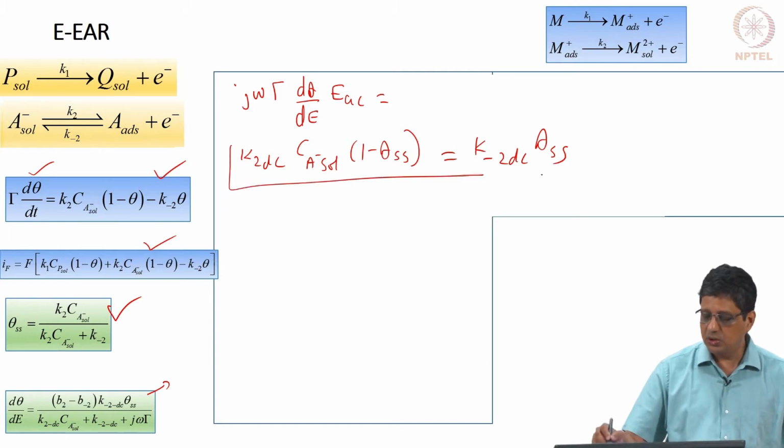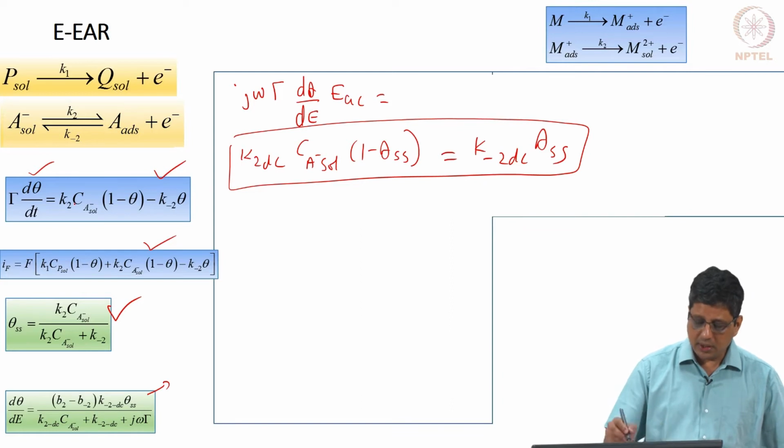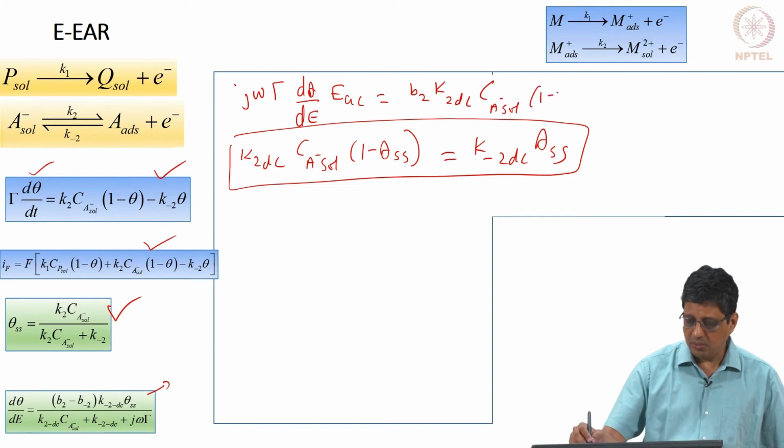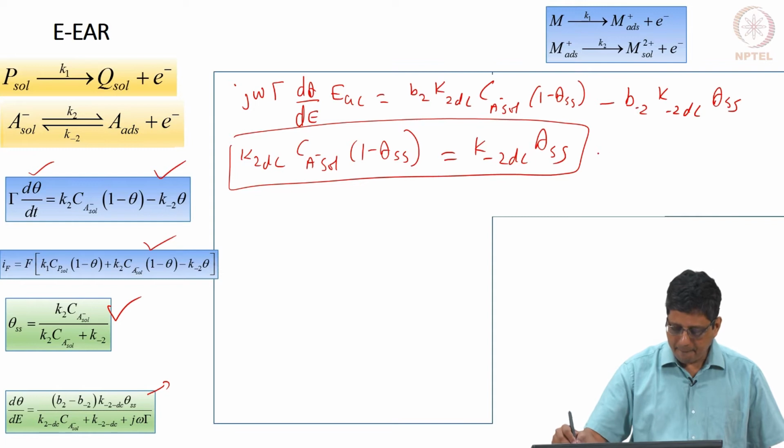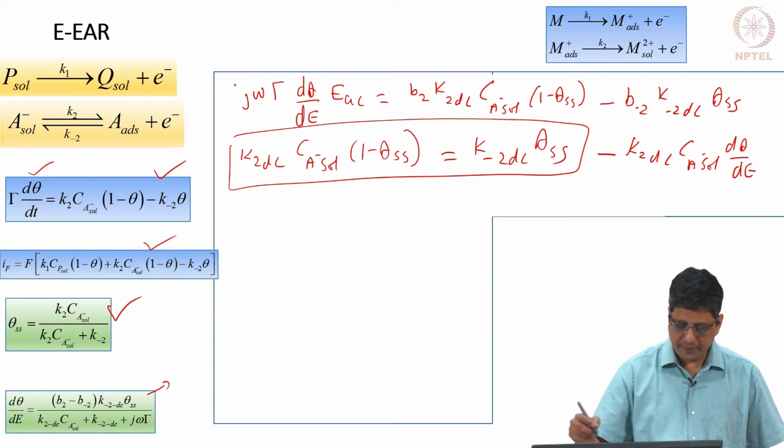So, this expression holds true, and therefore, on the right hand side we would get terms like this: B 2 K 2 DC C a minus solution 1 minus theta SS, minus B minus 2 K minus 2 DC theta SS, minus K 2 DC C a minus solution d theta by dE, minus K minus 2 DC d theta by dE.